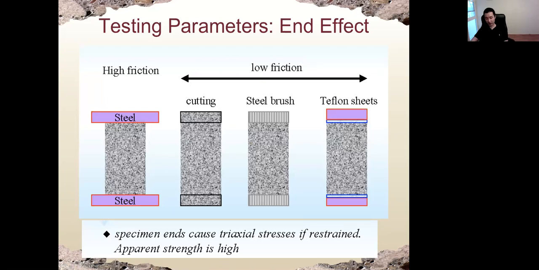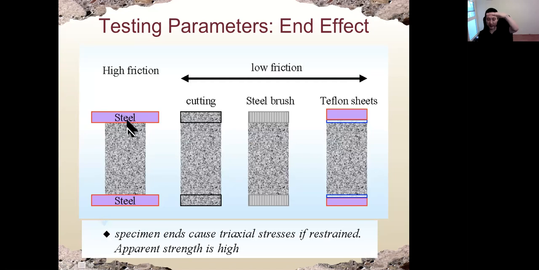All right, so this is something new, testing parameters. When we check the strength of a concrete cylinder, we put the cylinder in a compressive strength machine. The machine compresses the cylinder from the top and bottom ends, using a steel plate here.